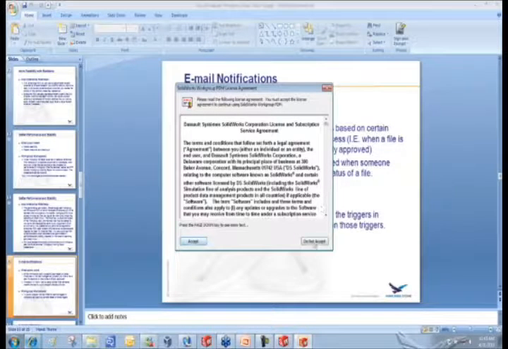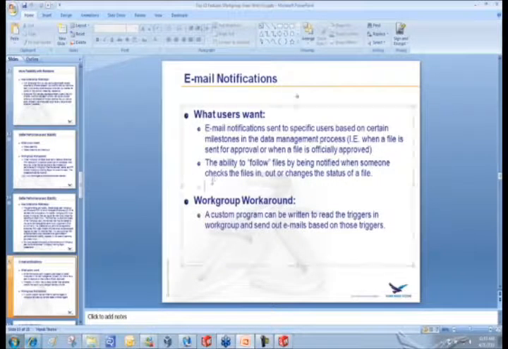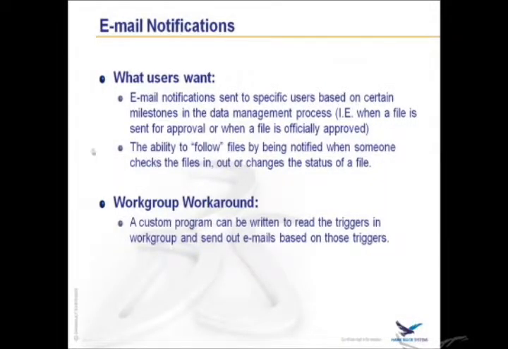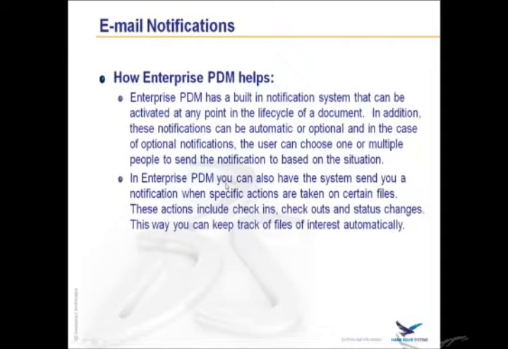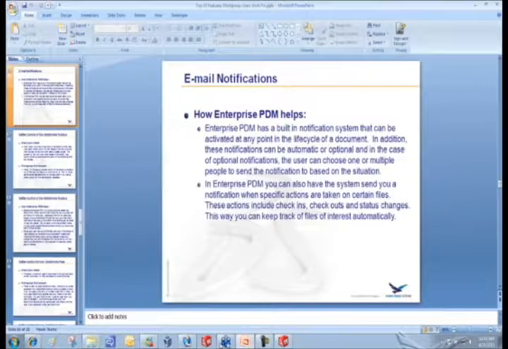Let's see, cancel that. Okay, now, how does Enterprise help with this? Well, Enterprise actually has built-in notifications. And these notifications are built around 2 different things. They're built around the workflow, and they're built around the files. So I'm going to show you the 2 different types of notifications here in Enterprise.